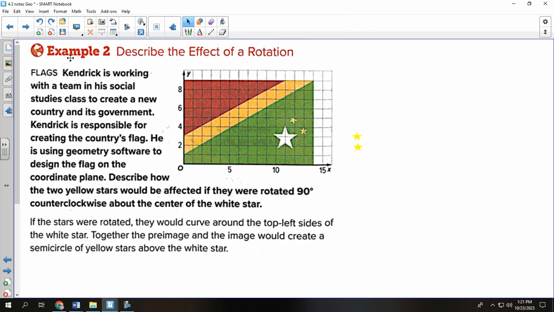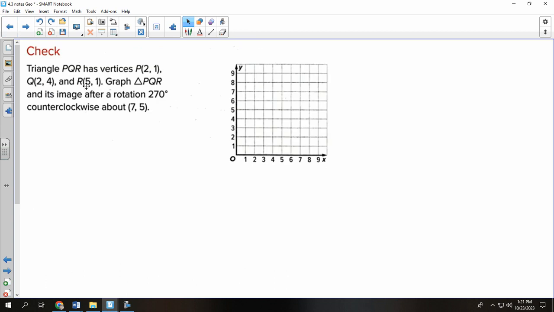All right. So if I'm doing this for this problem here, we have our 2, 1, our 2, 4, and our 5, 1. We're going to do a 270-degree rotation about 7, 5.